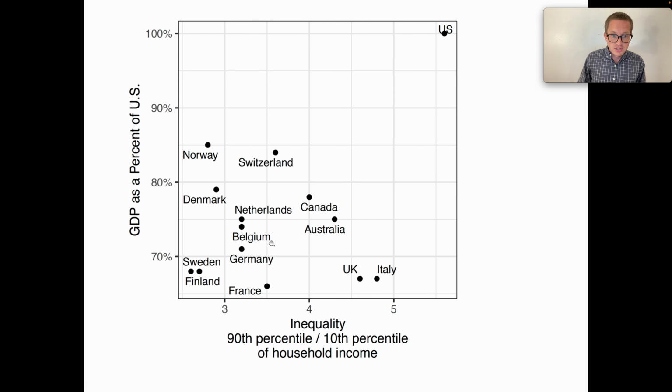In other countries, there's much greater equality. So like in Sweden and Finland over here, it's more like 2.5 times. On the y-axis, we have the gross domestic product per capita, presented as a percent of the US GDP. So we see here that like Norway in these data was about 85% as productive as the US.